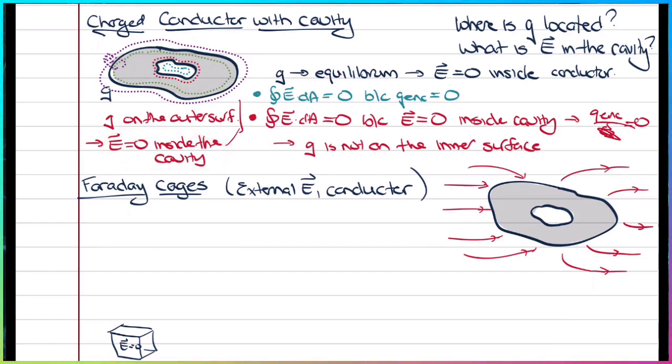And that essentially is the basis of a Faraday cage, where the charge in the conductor redistributed itself so that the electric field everywhere inside vanished.